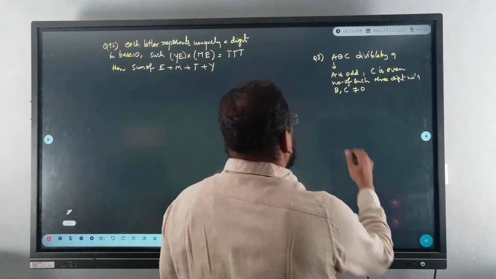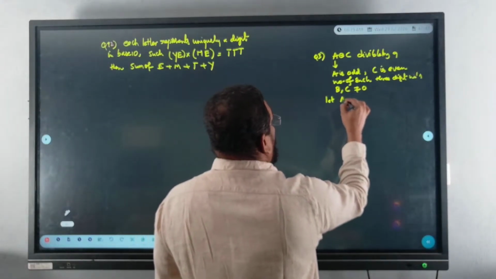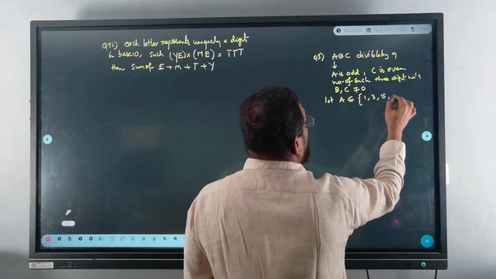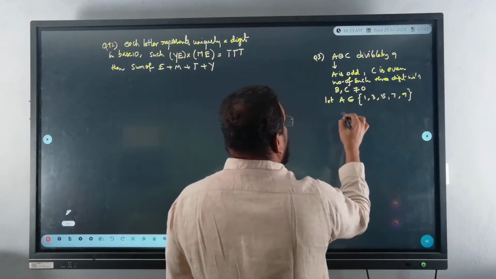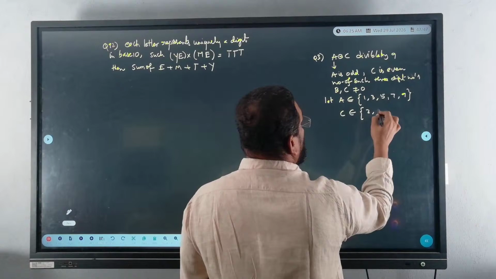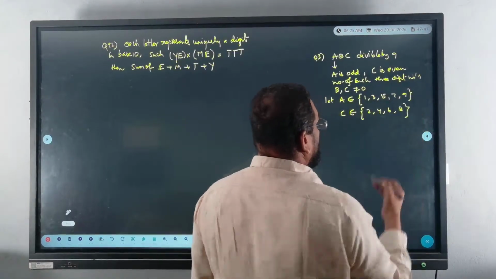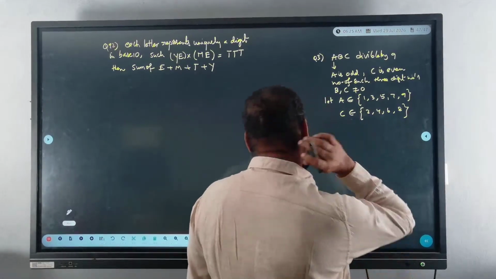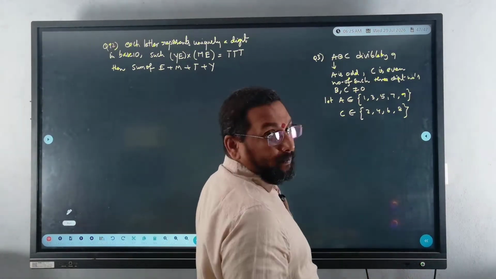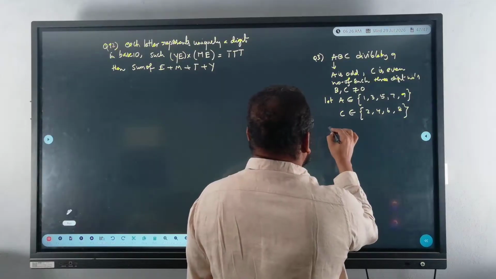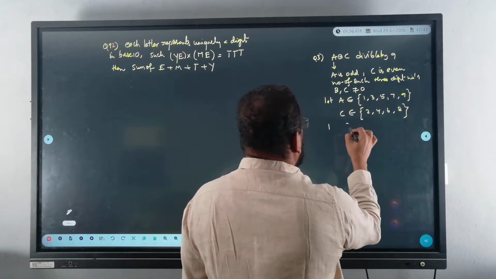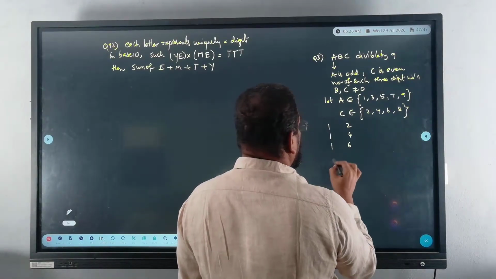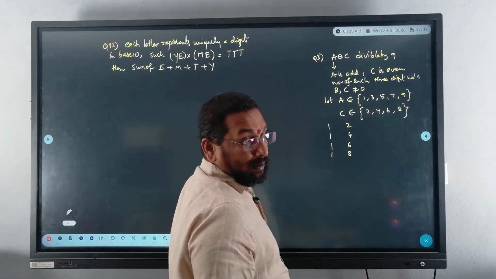Okay, see, let A belong to 1, 3, 5, 7, 9 and C belong to 2, 4, 6, 8. Then what will we get? Suppose you take 1 here, with 2, 4, 6, 8, the digit sum must be a multiple of 9.